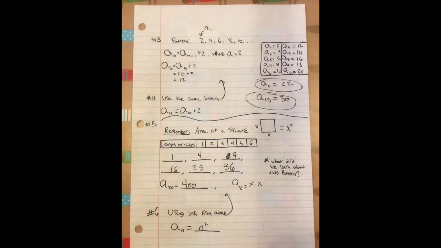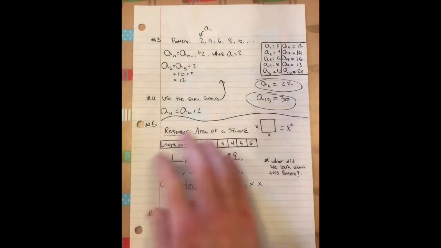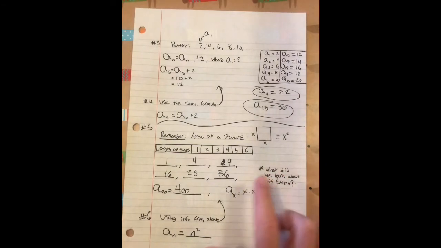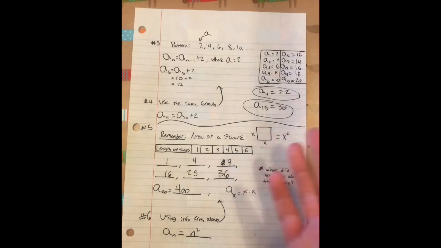So the difficulty comes from each one of these problems being unique. Every single pattern is going to have a unique formula for it. So it's not always going to be n squared. You have to find the pattern, and you have to really ask yourself, hey, what is this pattern? What actually am I doing to this pattern? Am I squaring it? Am I square rooting it?